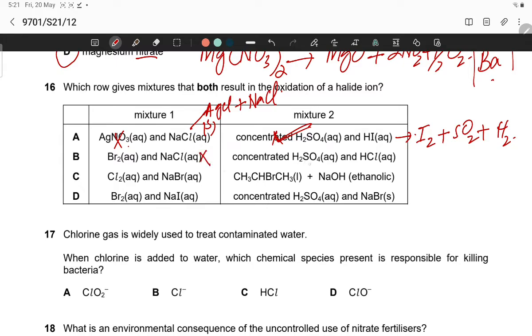Concentrated H2SO4 and HCl: this is a neutralization reaction, NaCl, Na2SO4, no reaction because both are acids. So over here HCl is not oxidized.